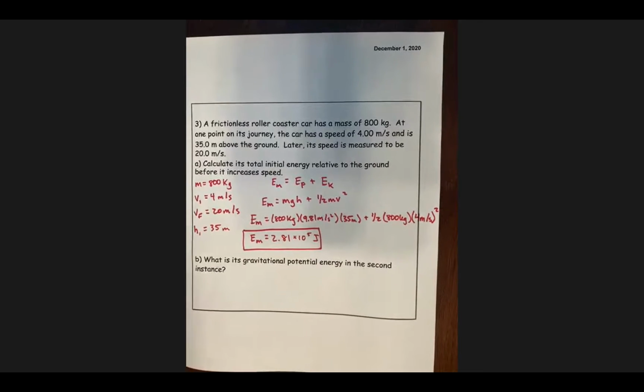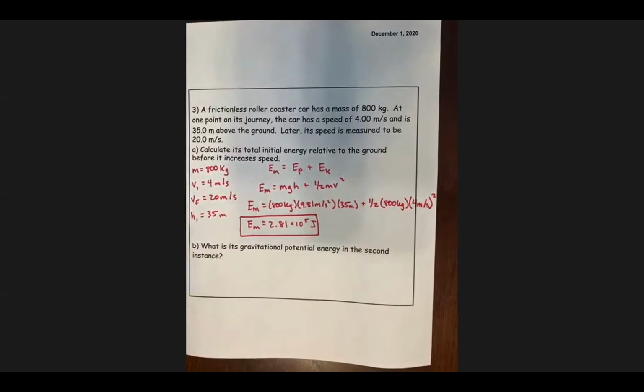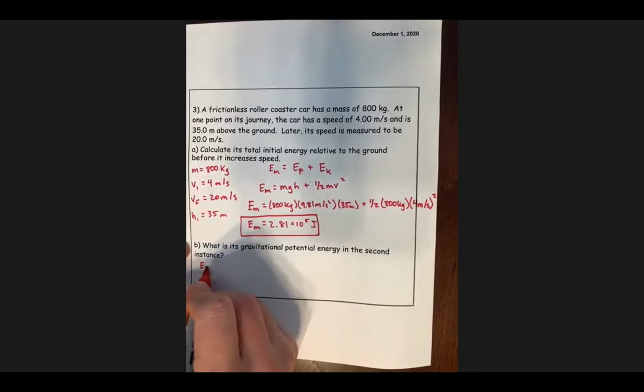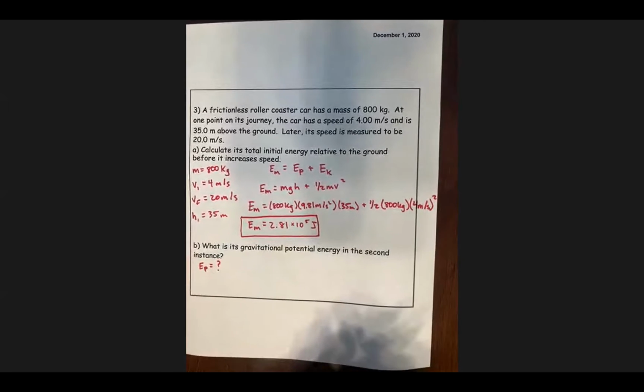Cool. Okay, last question. What is the gravitational potential energy in the second instance? Okay, so in the second position, we do not know the potential energy nor the height. So we're looking for the gravitational potential energy.